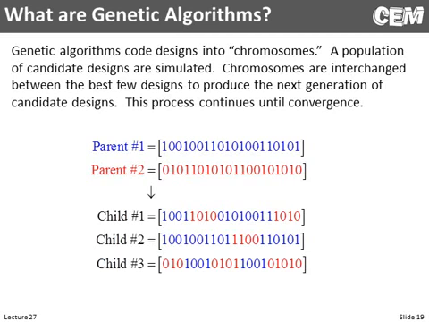Otherwise, your children all end up looking the same after some number of iterations. That's the basic algorithm. Parents breed children, we simulate those, we figure out the two best children, they become the next parents, and you can even have more than two parents. It doesn't need to parallel biology exactly, and we can mix any number of parents, one parent, 2, 3, 4, whatever.